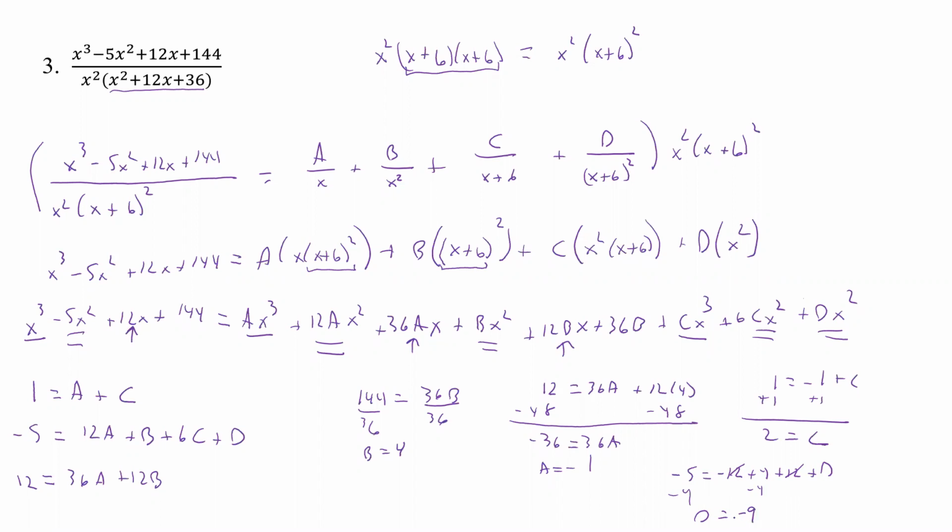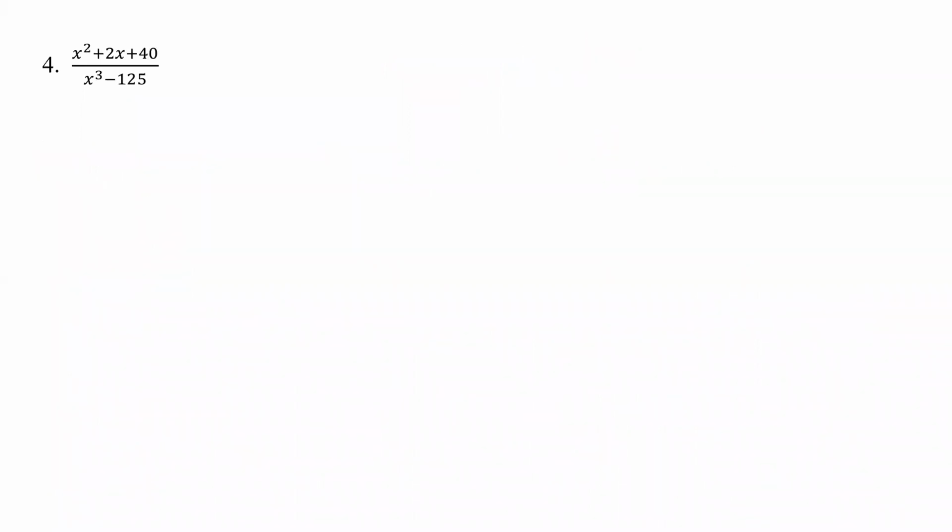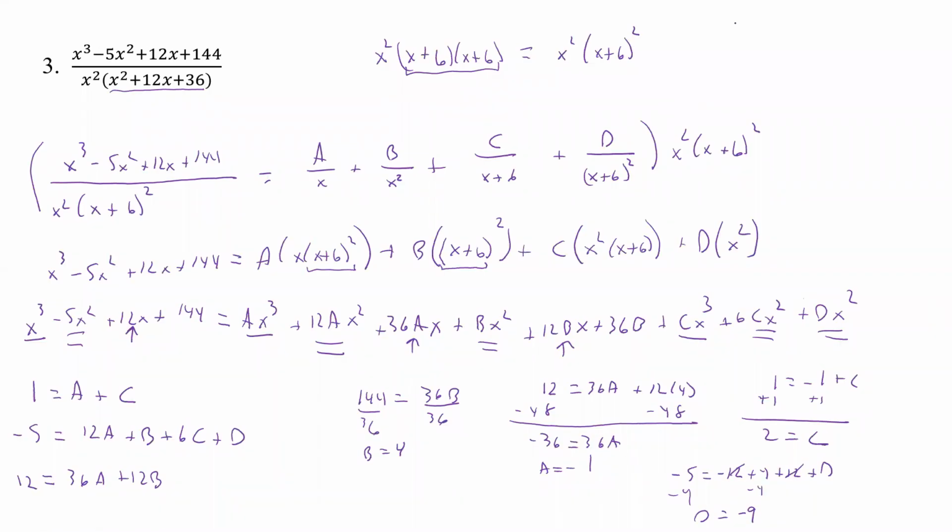Okay, so now we have D, C, A, and B. So now we have all those pieces. And I don't have enough space on that page, so let's see if we can get it all up the top. So A was, let's kind of block it off here. Hopefully we can get it all in there.